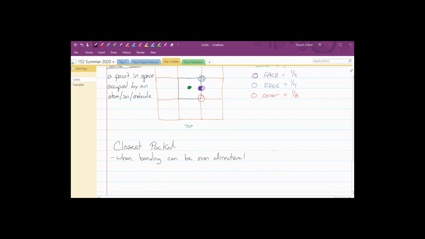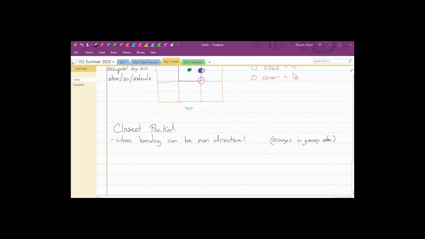Think oranges in the grocery store. You have oranges, no matter where, they're going to fill in and just be arranged accordingly. The oranges are not going to be directly on top of one another.